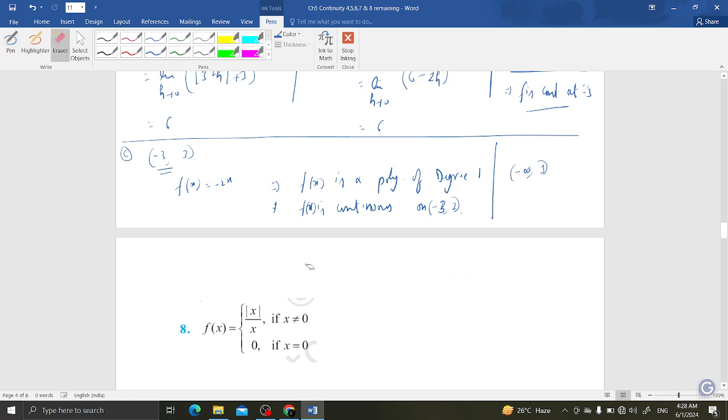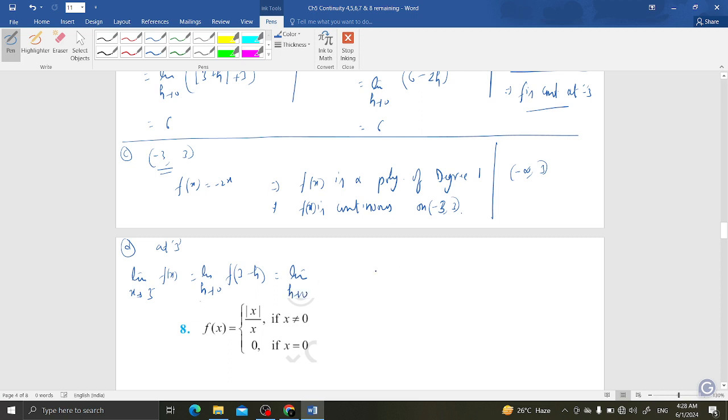Now at 3 we need to check whether this function is continuous or not continuous. LHL we are finding: limit x tends to 3 negative f(x), limit h tends to 0 f(3 minus h).